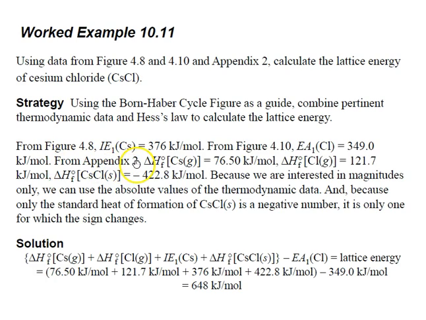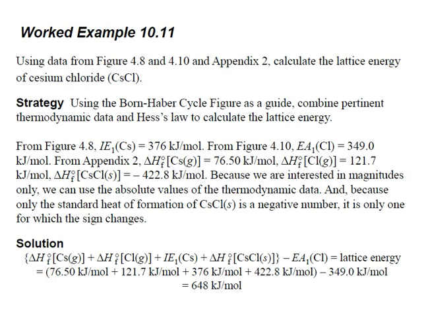Then from Appendix 2, we can get our standard enthalpy of formation of cesium gas, which is 76.5 kilojoules per mole, the standard enthalpy of formation of chlorine gas, which is 121.7 kilojoules per mole, and the standard enthalpy of formation of cesium chloride solid, which is negative 422.8 kilojoules per mole. So we have all of those values in a table.